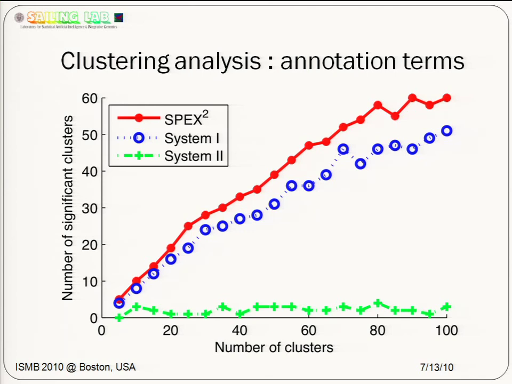For enrichment, for a variety of clusters, all up to 100, some of these clusters were significant. We find that there are no clusters that are significant for the remaining two systems.